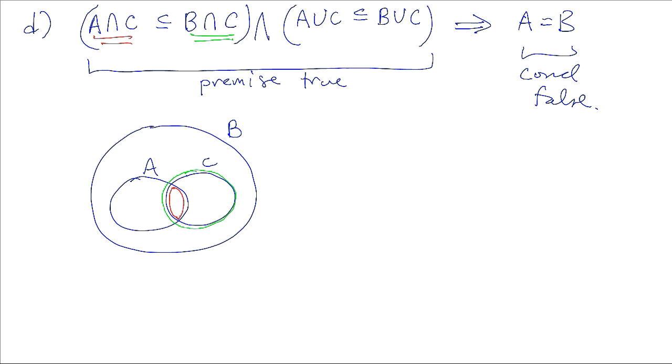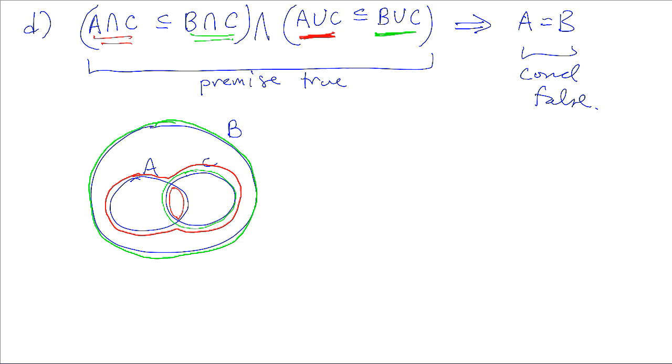And now, is A union C a subset of B union C? Well, it is, and I guess I'll use a thick red line for A union C. A union C is this, right? That's as thick as it gets. This is A union C. It's the thick one. And B union C, because C is a subset of B, B union C is just B. Okay?